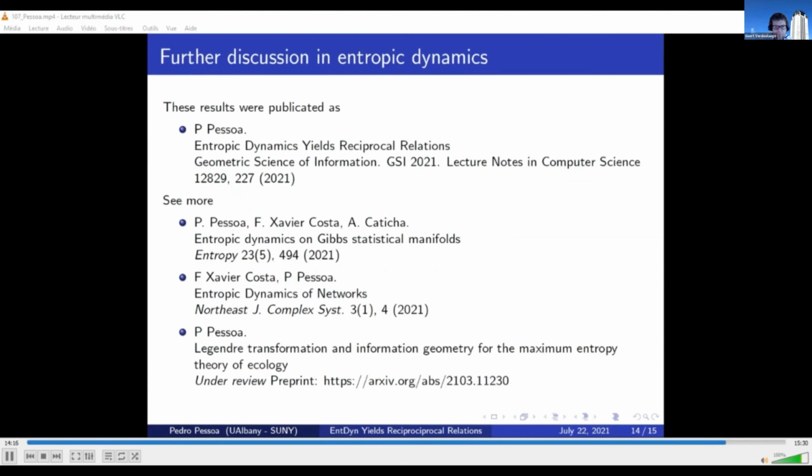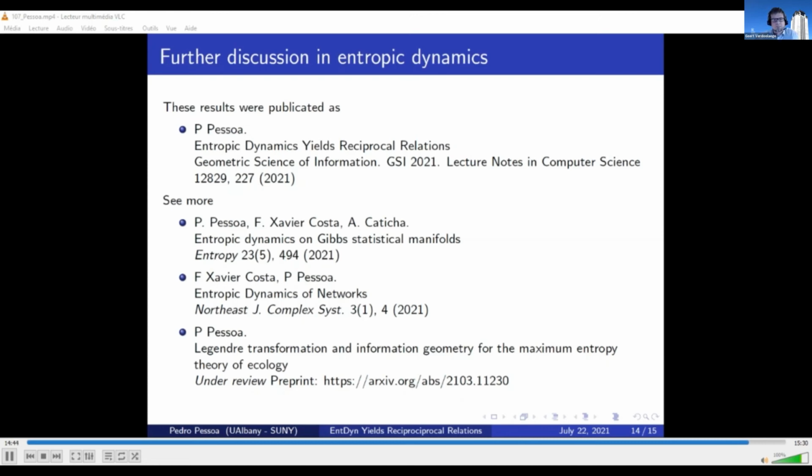Now, I would like to comment on other papers on entropic dynamics. First, these results about reciprocity are found in this first paper, appearing in the proceedings of this conference. If you want to see how the entropic dynamics of the exponential family was defined, you can take a look at this paper here.